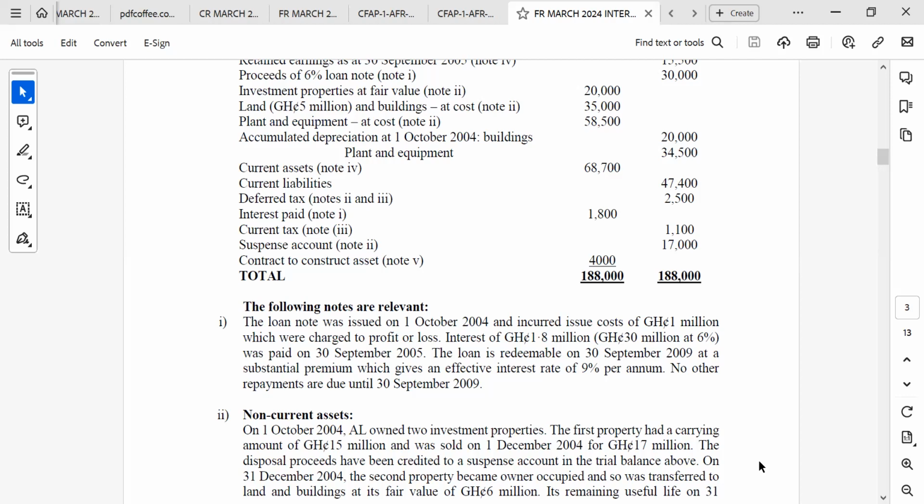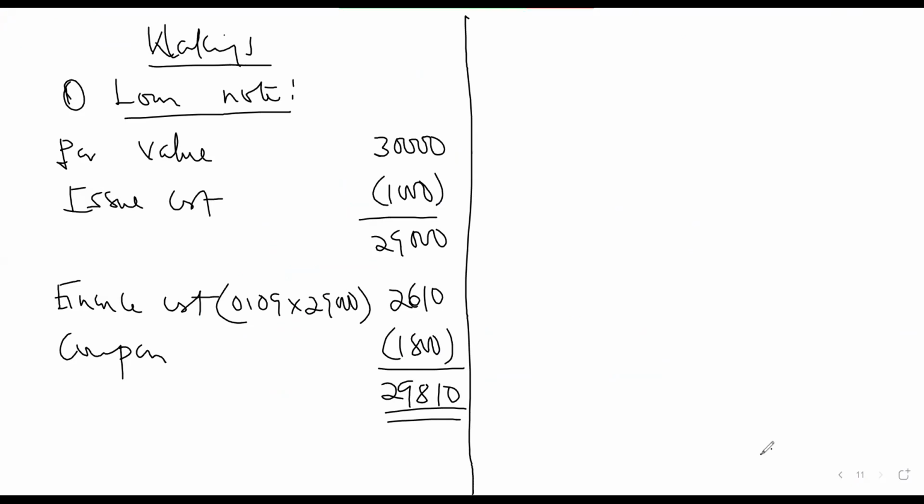But if the interest paid is not in the trial balance, it means that the interest has been written against profit or loss. In that case, we only find the difference between the finance cost of 2,610 and the 1,800, and subtract it from the profit, because they have already subtracted 1,800. The actual cost that should have been subtracted is 2,610, so we subtract the 810.